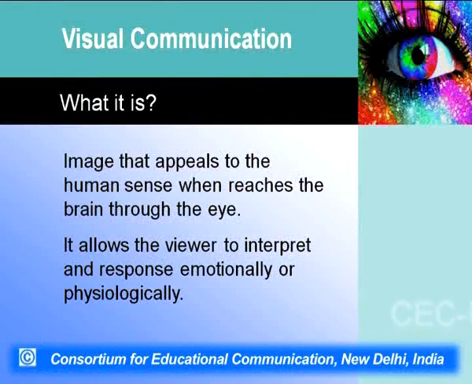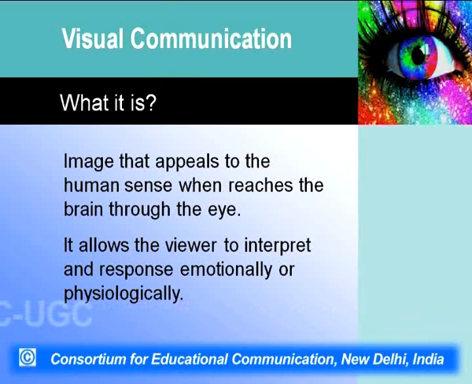The image that appeals to the viewers, that pleases, that you capture and that goes through your eyes, and you interact. That means the eye, the object you see, and your mind, all those things work together to understand visual communication.